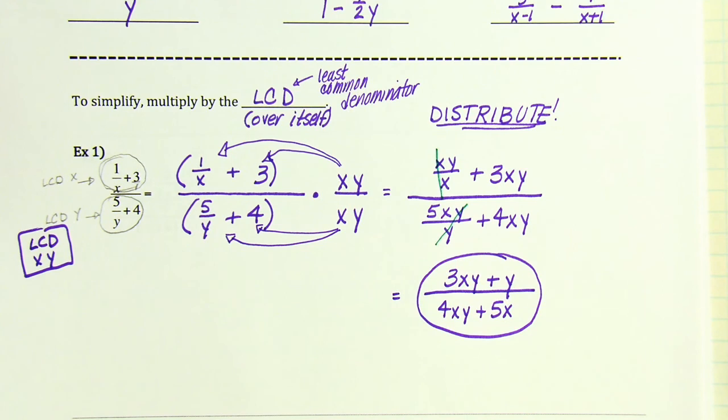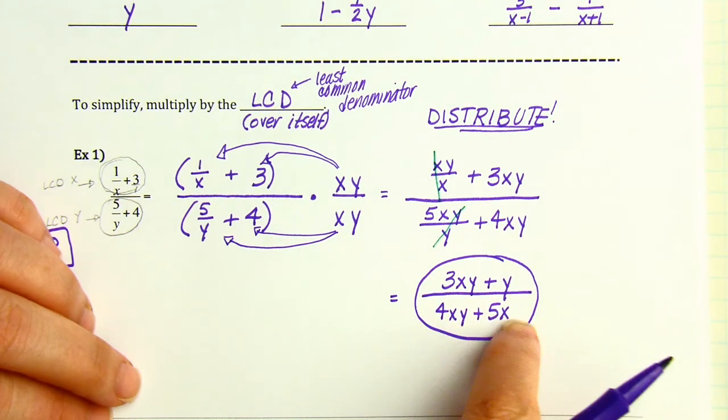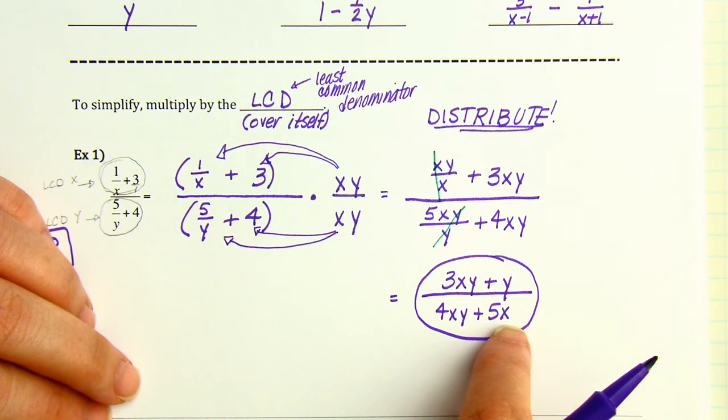Okay. Clearly, if we were looking for restrictions, x and y can't be 0, that's for sure, because they were original variables in the denominators. So that one's an easy one to pick up. Here, I would have to set 4xy plus 5x not equal to 0.